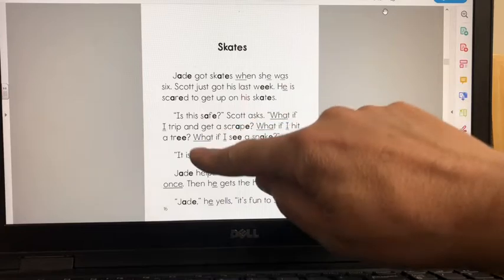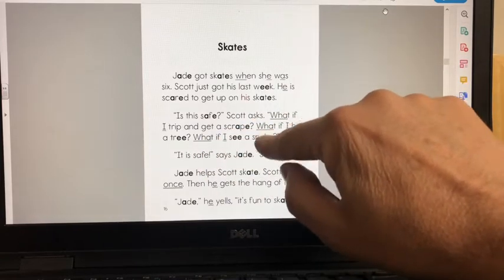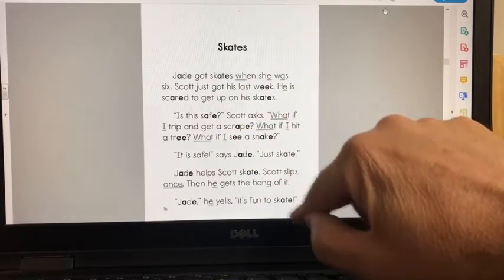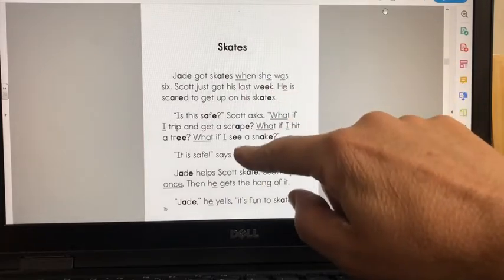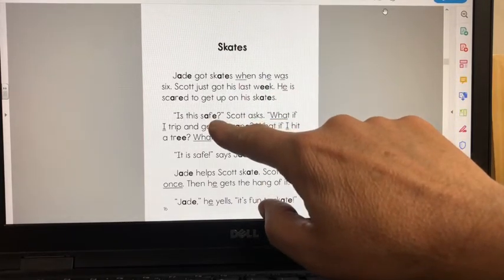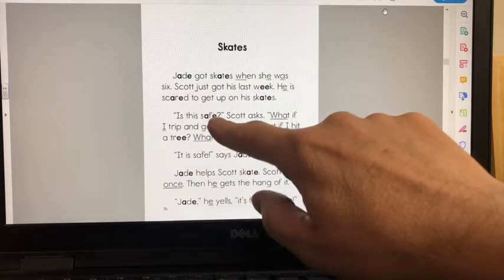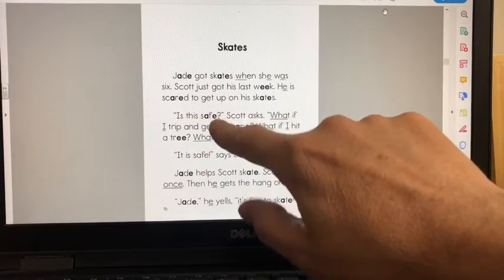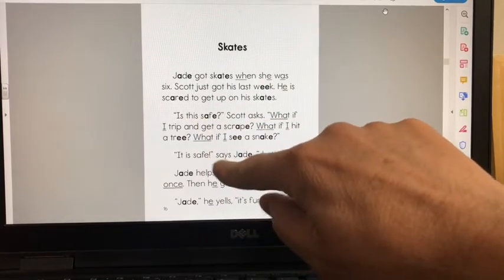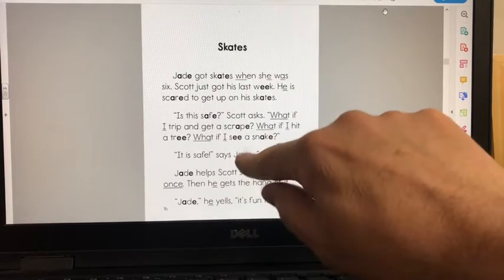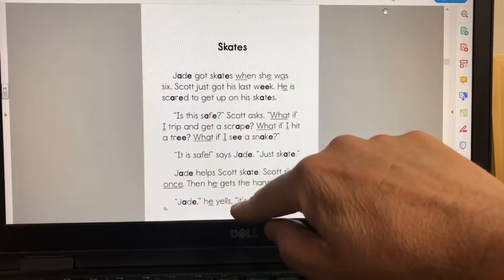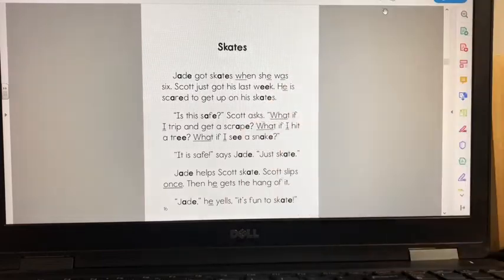Now, you ask, I had to count some question marks, and I counted some periods, and I counted some exclamation marks. You ask me, why didn't you count this question mark, Mr. Burnett? Because this is part of, Scott asks is part of this sentence. Same here. Says Jade is part of this sentence. Anyway, so let's read skates.